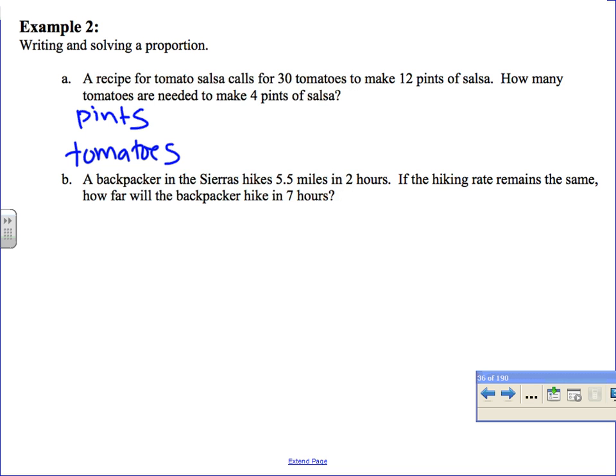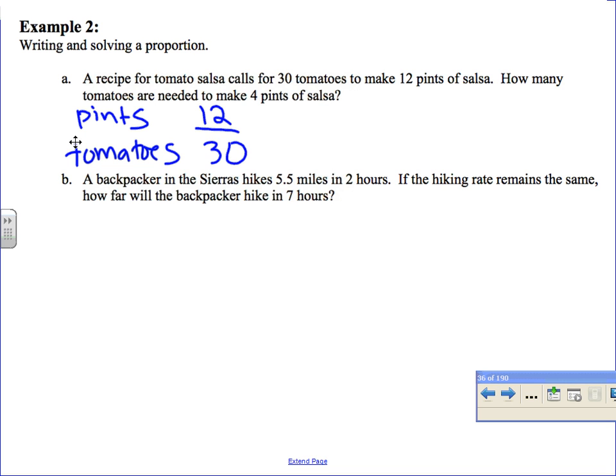We need to set up a proportion, okay? What's another piece of information we know? So give me one thing that we know about pints of salsa and tomatoes. Justin. Not for every pint. For 12 pints, there's 30 tomatoes.